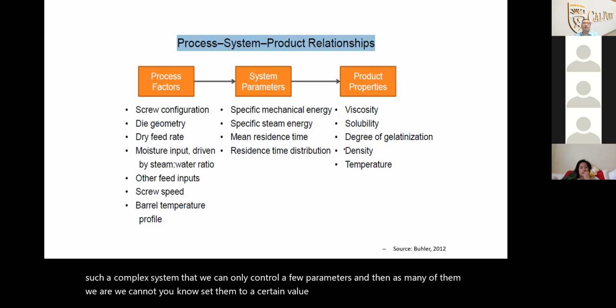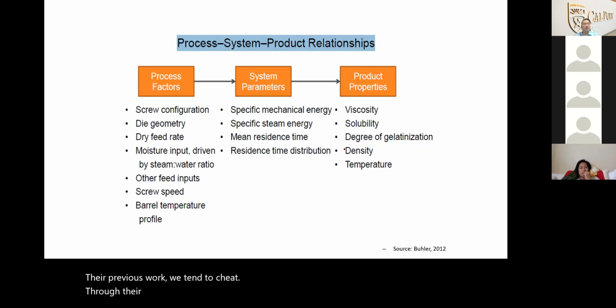So in a lot of research and previous work, we tend to treat the extruder system as a black box, which means we can change what we feed into it, but it's hard to predict what is coming out.